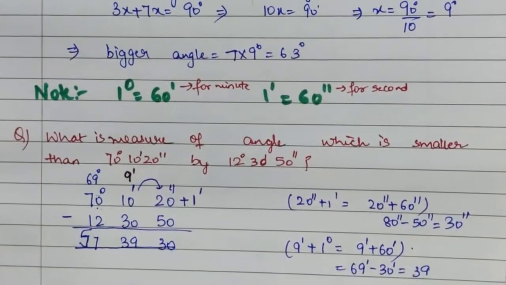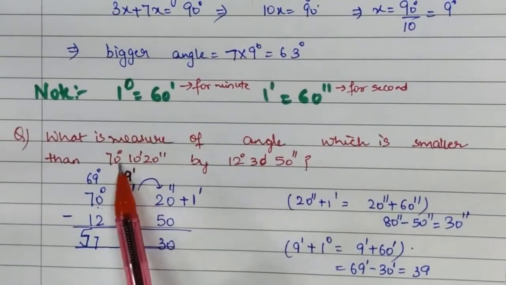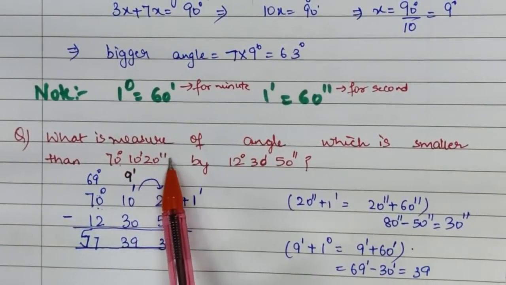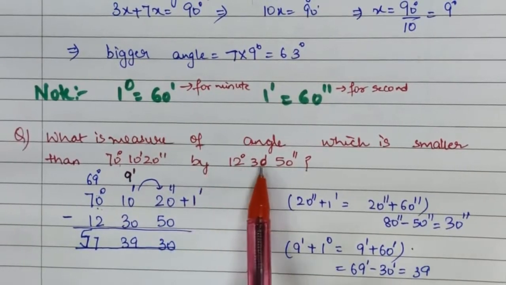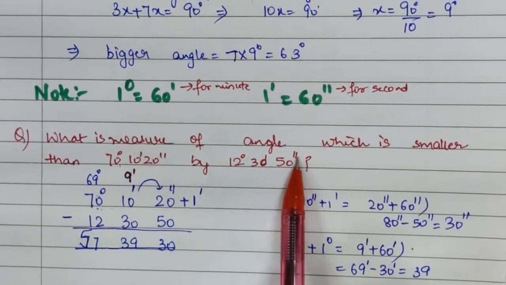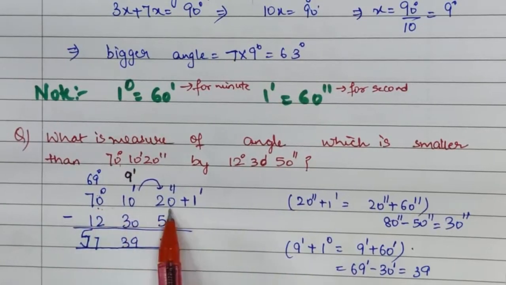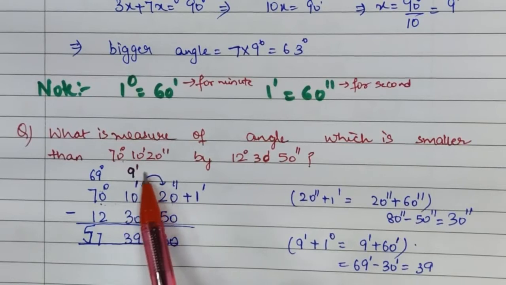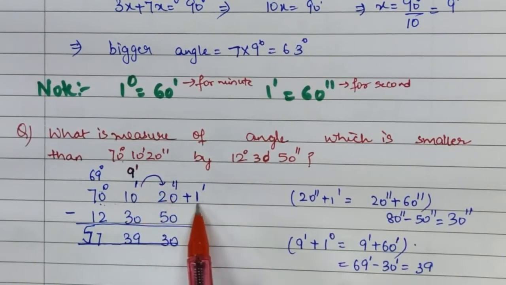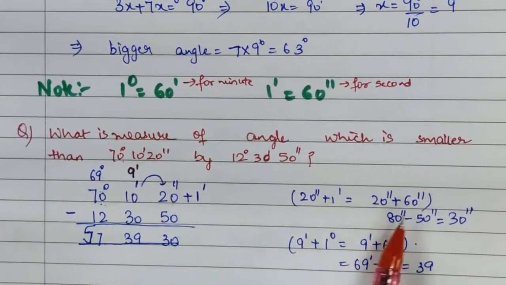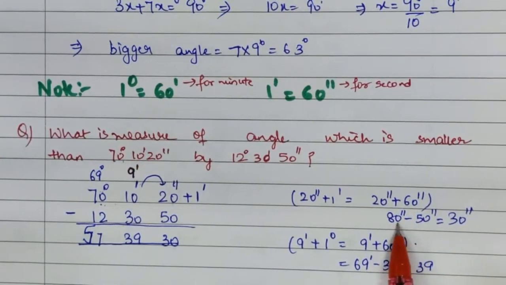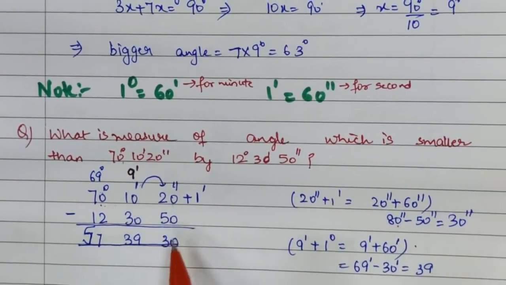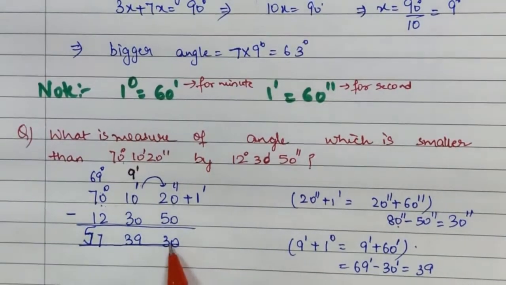What is the measure of the angle which is smaller than 70 degree 10 minutes 20 seconds by 12 degree 30 minutes 50 seconds? We have to subtract it. Now we cannot subtract here, so let us take 1 from here. This is 1 minute containing 60 seconds, we get 80 seconds. Minus 50 seconds, we get 30 seconds.